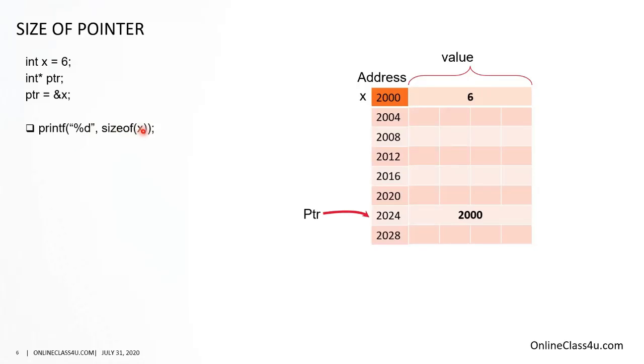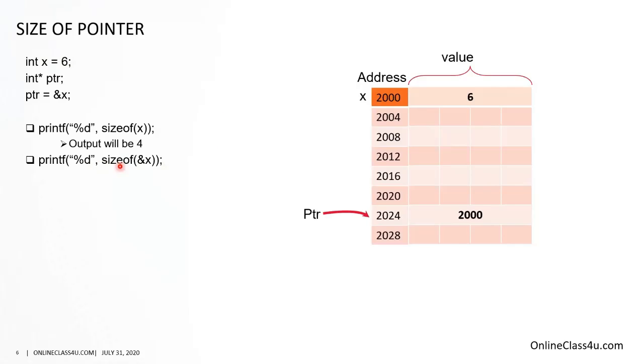Now sizeof(x). What is sizeof(x)? x is an integer, so that means sizeof(int). In a 32-bit compiler, the size of an integer is 4 bytes. So sizeof(x) will be 4, that's in bytes.